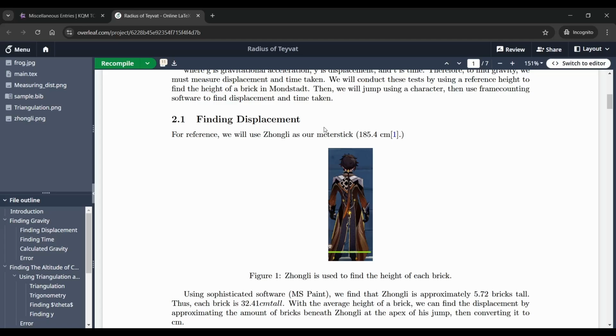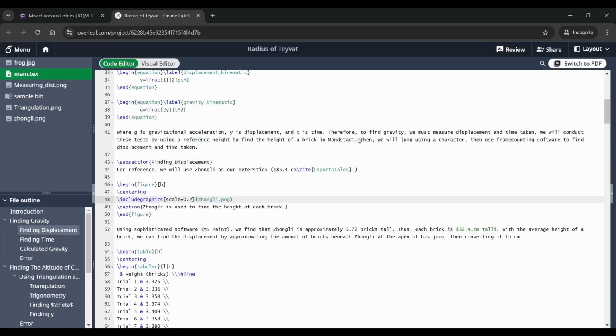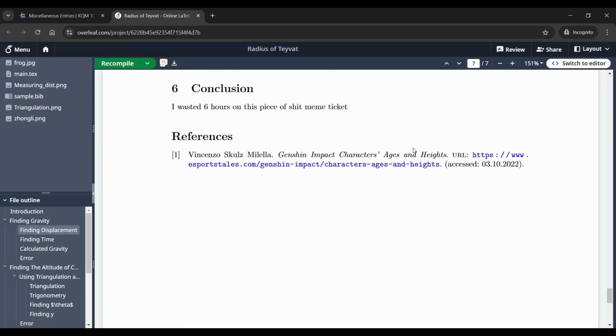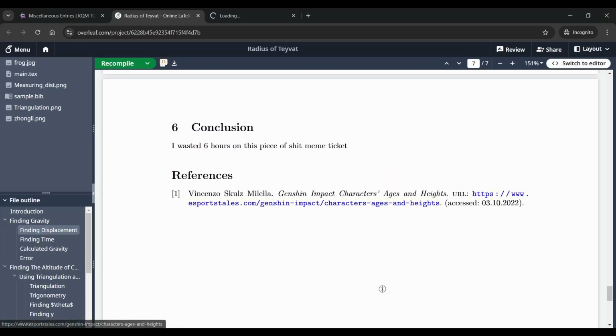Okay, so for finding the displacement, they said they will use Zhongli as their meter stick, or their unit of reference for distance. In which case they say, okay, so Zhongli is 185.4 centimeters tall. And they seem to get it from this website.